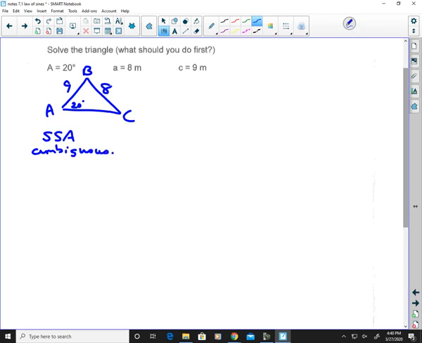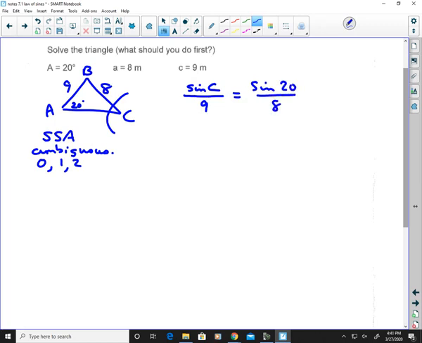I can tell you right now that this will be the two triangle case, but we're going to look for 0, 1, or 2. It is going to be 2. So let's start with our angle C. Sine of C over 9 is equal to the sine of A over 8. I'm going to use the A relationship.